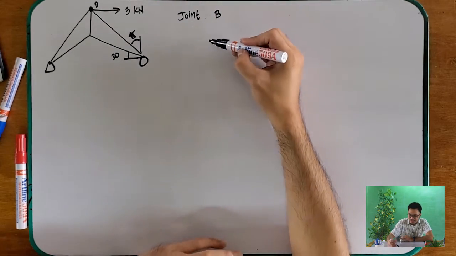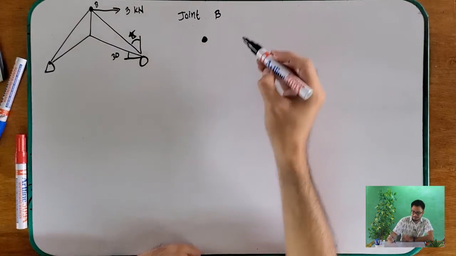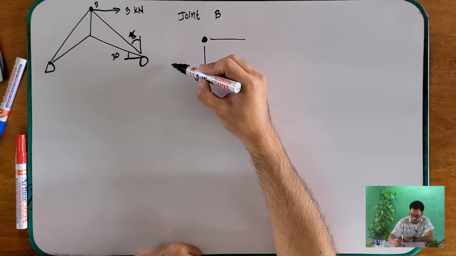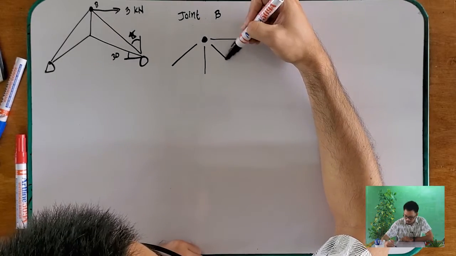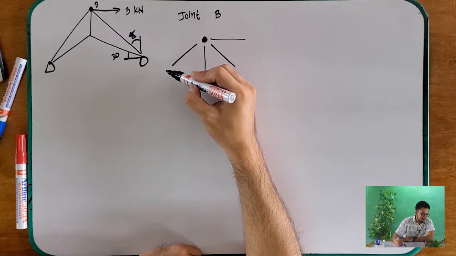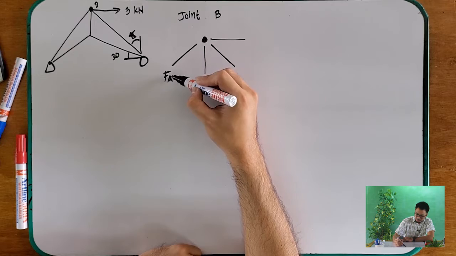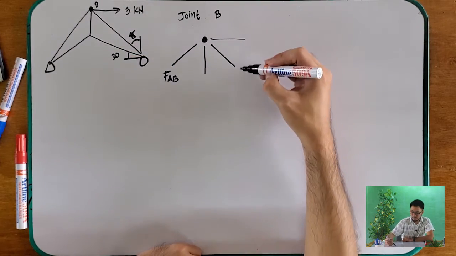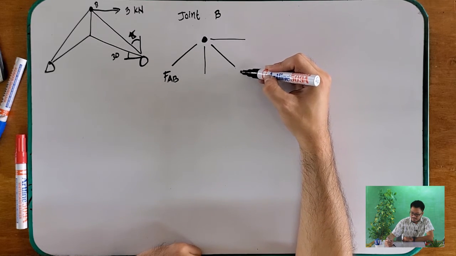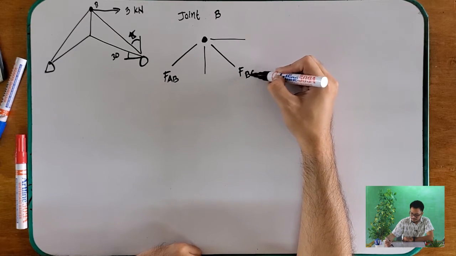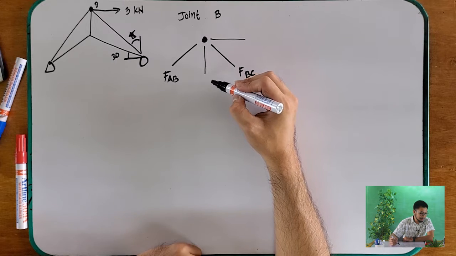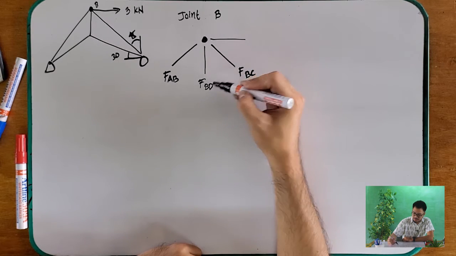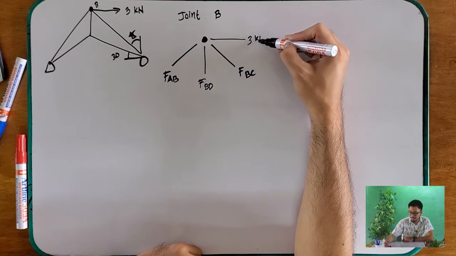Okay, ato i-draw ang free body diagram sa itong joint B. You have here FAB. This is your A, B, C, D. This is your FBC. And this is your FBD. This is 3 kilonewtons.